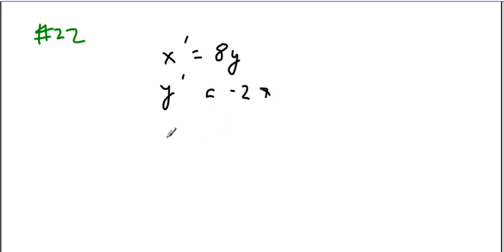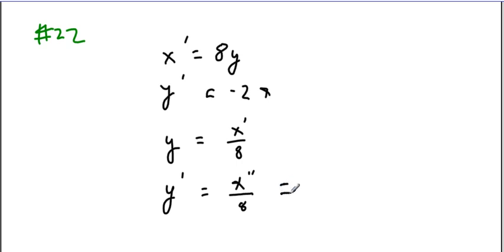Okay, so I got y is equal to x prime over 8. I take the derivative of that and say y prime is equal to x double prime over 8, which is equal to minus 2x.